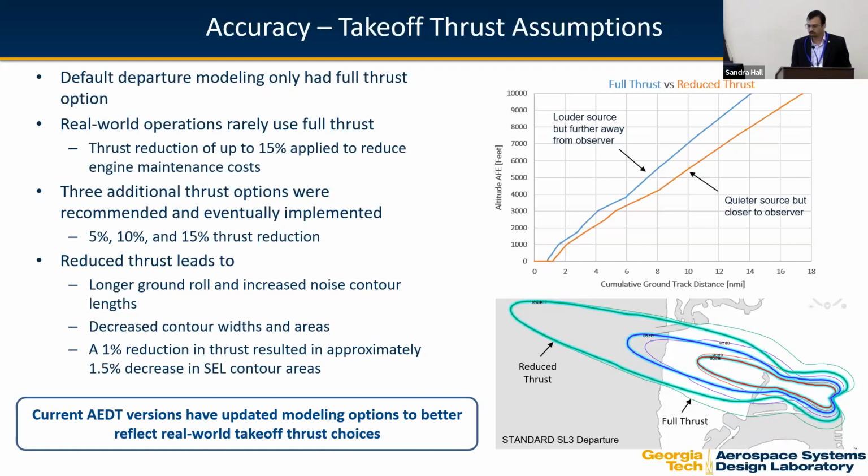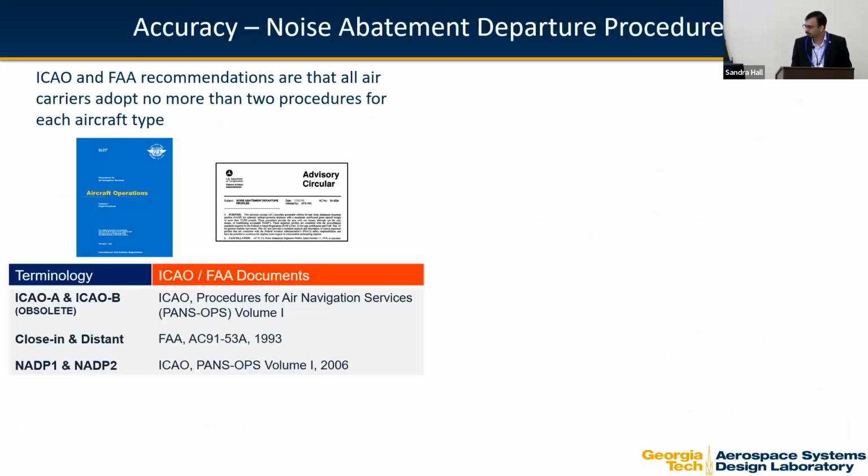And when we actually went ahead and modeled that, what you see on the bottom right is a contour plot comparing the two. And in general, as a rule of thumb, what we saw was that a 1% reduction in thrust would lead to a 1.5% reduction in contour area, of course, up to a point. And again, the current ADT version should have these additional modeling options available.